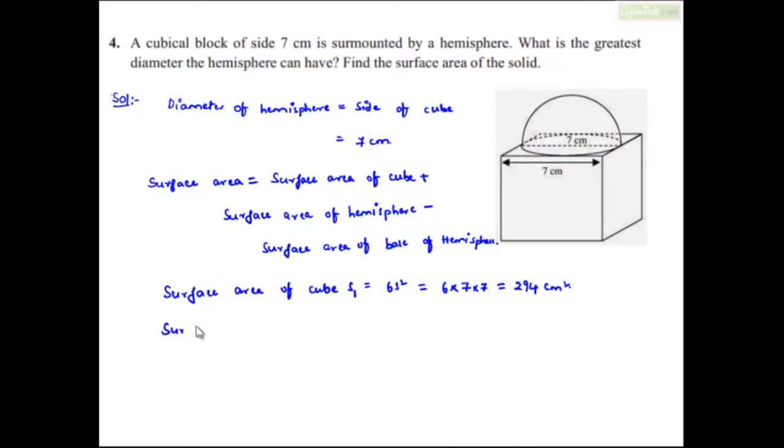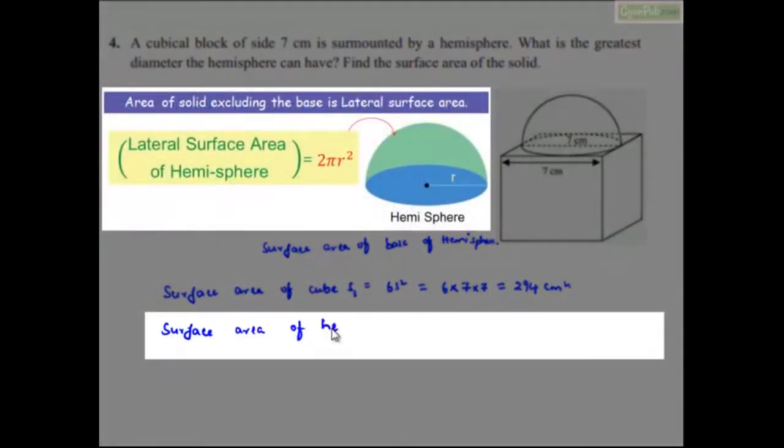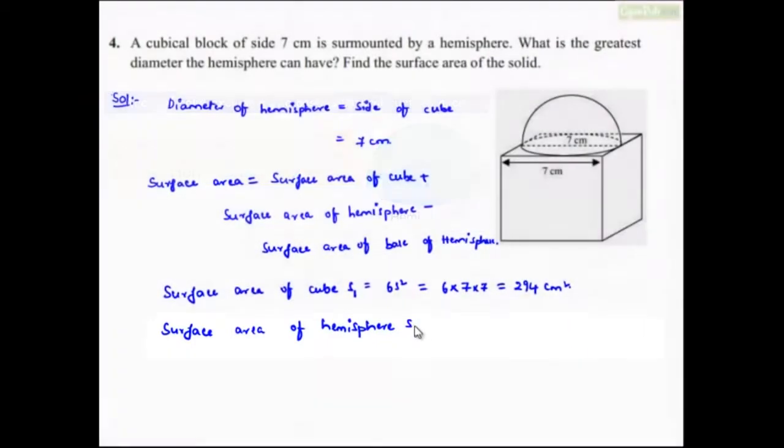Similarly, the surface area of the hemisphere S2 is equal to 2 pi r square, which is equal to 2 times pi value 22 by 7 into r square. Here we have the diameter of the hemisphere as 7 centimeters.